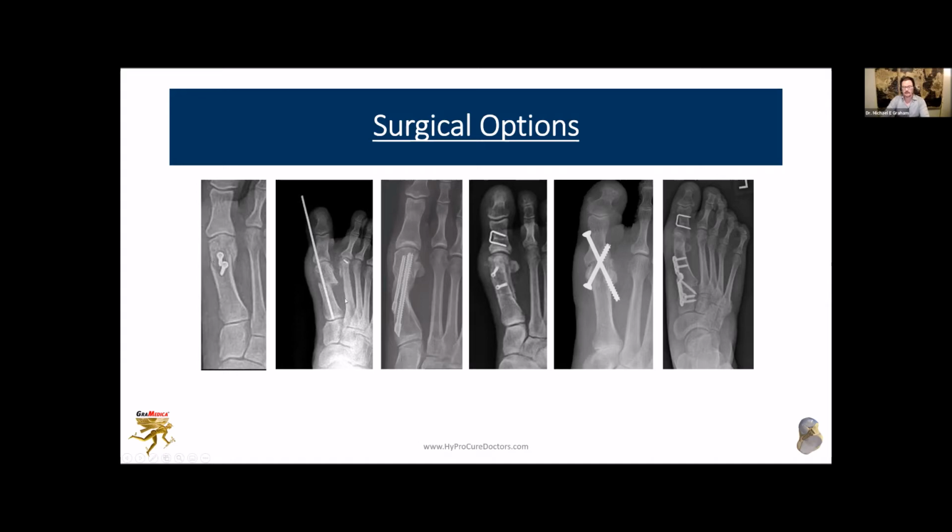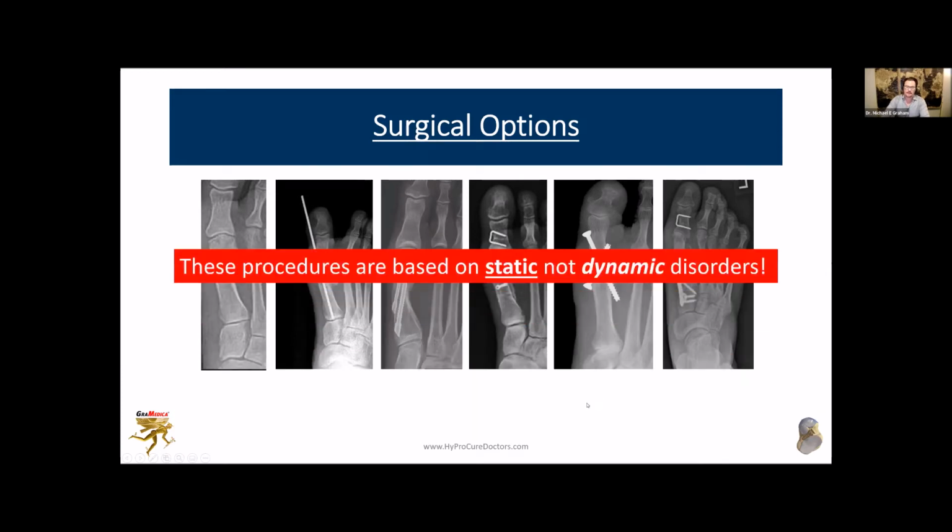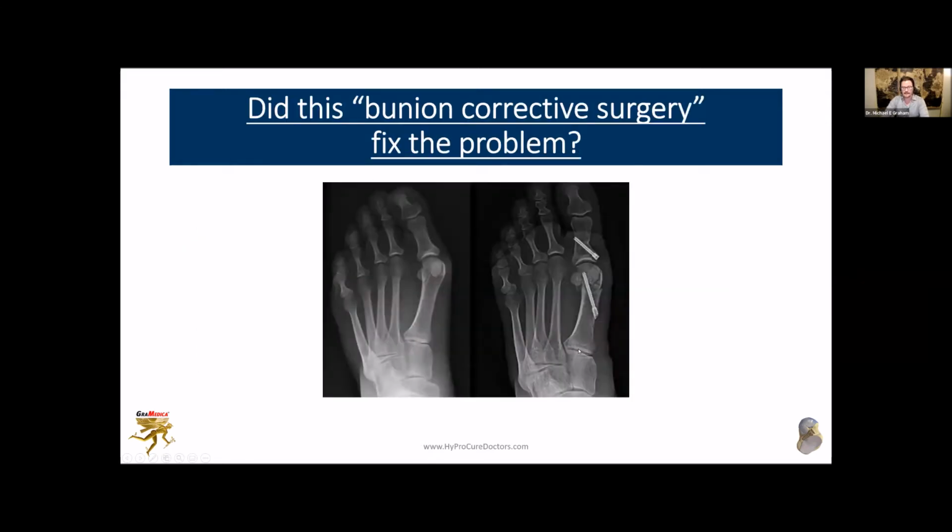You can skin this cat many different ways, but all of these have potential risks and complications. The biggest problem is that the underlying deformity has been missed, so these are almost cosmetic procedures rather than a real orthopedic fix for the dynamic problem.